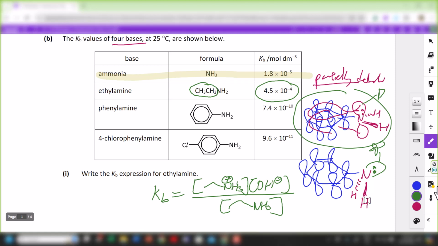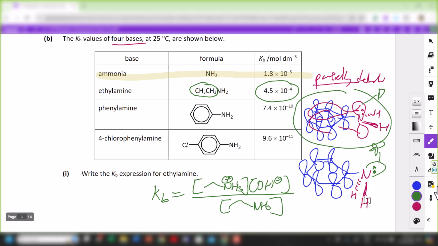That electron density could mean a lone pair of electrons, it could mean a radical, or it could mean that its p orbital is empty and electron density from the phenol ring or the pi system needs to partially delocalize into it in order to spread out the positive charge. If you have that idea in mind, then it's relatively straightforward to understand why, in this case, phenolamine has a much lower Kb as compared to ammonia and ethylamine.